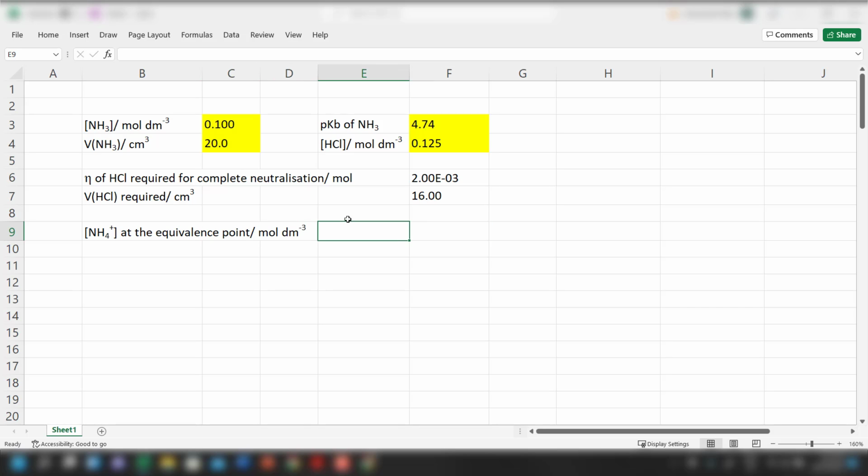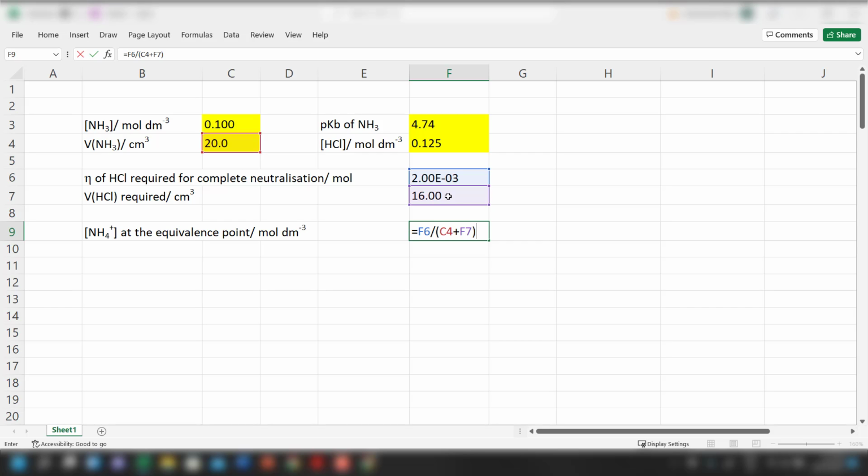How are we going to calculate that? We need to be aware that the amount of ammonium is the same as the amount of ammonia I have at the start. So that would be 2.00 times 10 to the power minus 3. But there's dilution involved because at the beginning I have 20.0 cubic centimeters, but now I have 16.0 extra, because of the hydrochloric acid being added.